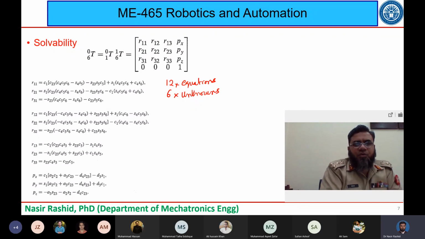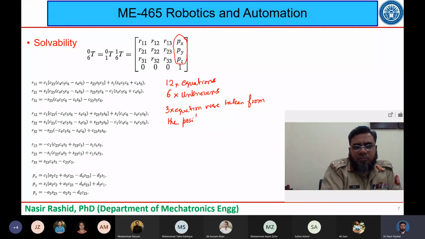So in order to reduce our equations, we took 3 equations from the position part and 3 equations from the rotation part.